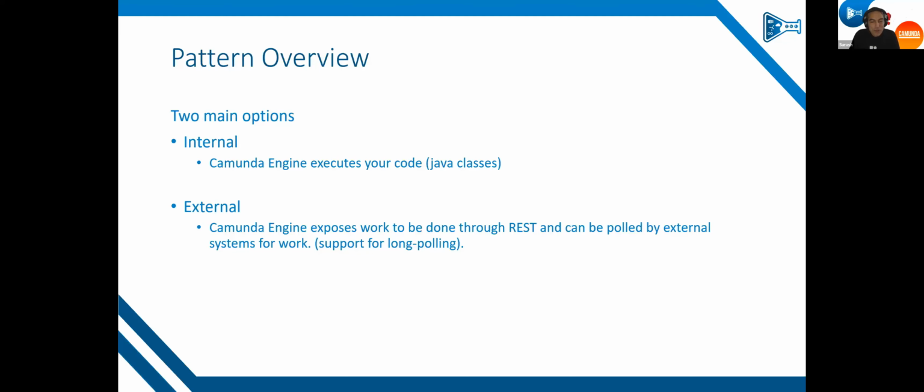But our focus, at least my focus now for this presentation, will be the external task pattern, which exposes the Camunda engine through a REST API and lets other systems, APIs, or serverless functions, or whatever you want it to be, poll the engine for work. There's support for long polling to optimize the polling experience from Camunda, so that helps as well.